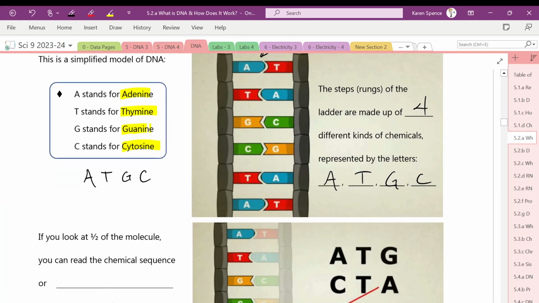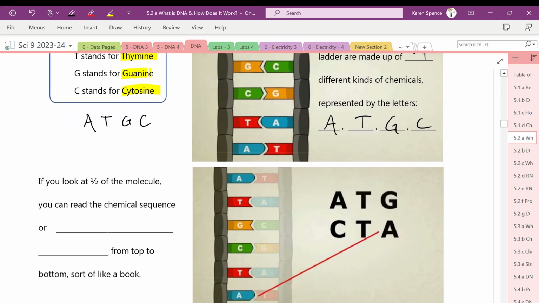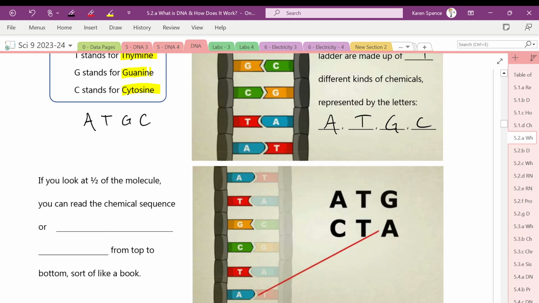So what we can do is we can look at half of the molecule. So we're going to just fade out half of the molecule, and we can read it just like we were reading a sentence or a book. And we can say the code goes A, T, G, C, T, A. That's what the code is.